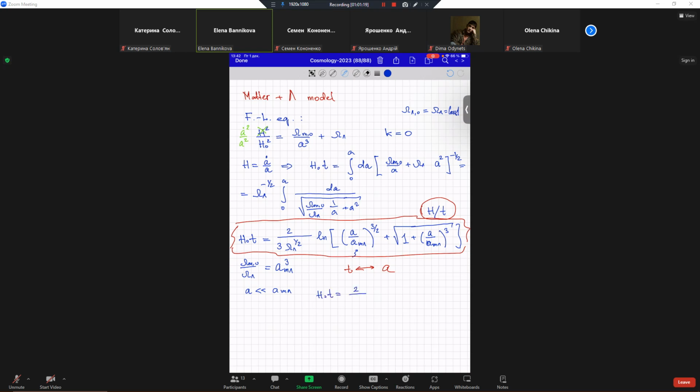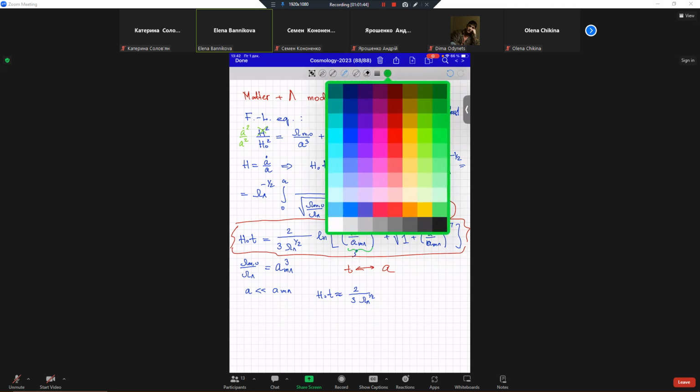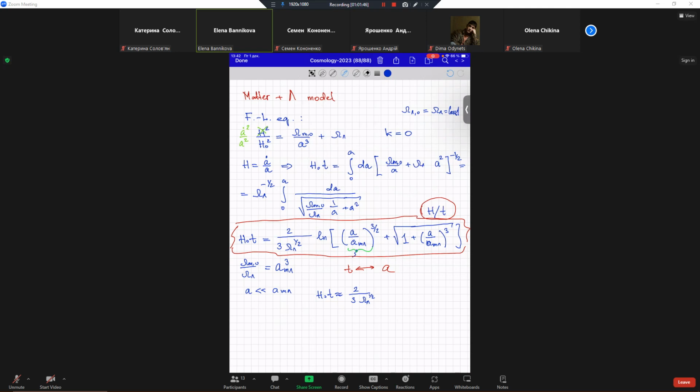So this is 2 divided by approximately 3 omega_Λ to the power 1 divided by 2. And since this value is less than unity, we can consider the series, and we can put here just a divided by a_mΛ to the power 3 divided by 2.